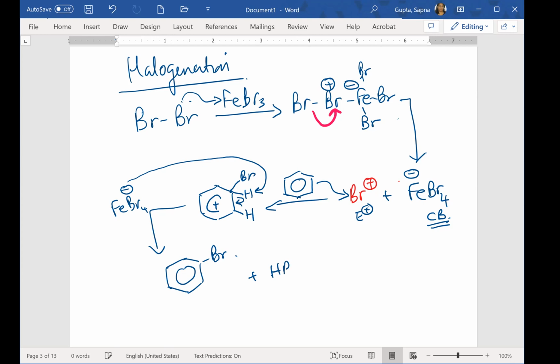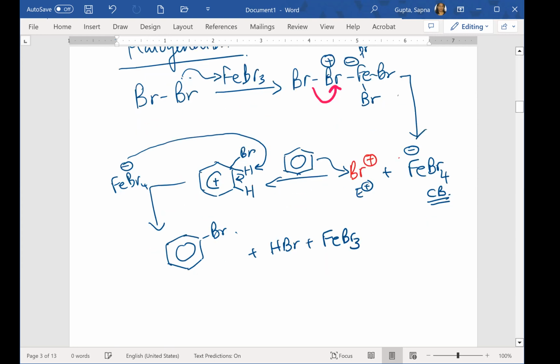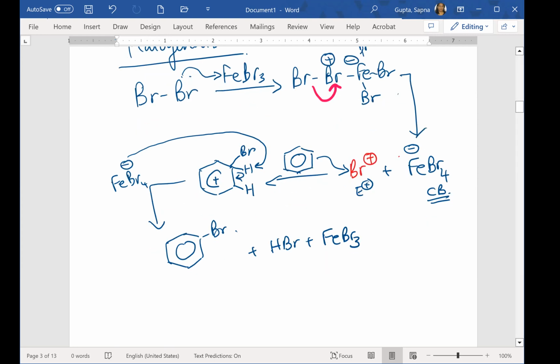And remember, one of the things about catalysts is that catalysts are regenerated at the end of the reaction. So you don't have to write all of that out. I'm just writing it to show you that HBr is formed as a result, and FeBr3 is regenerated as a catalyst. But then, of course, here is our product. So this is the whole mechanism.